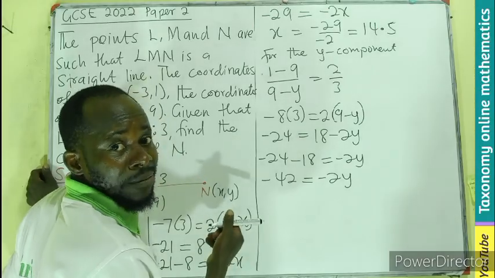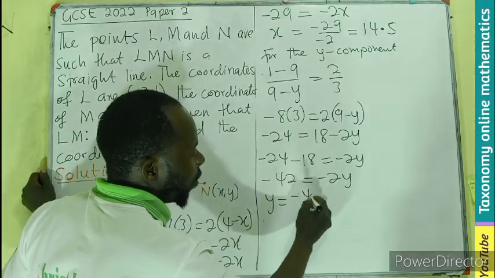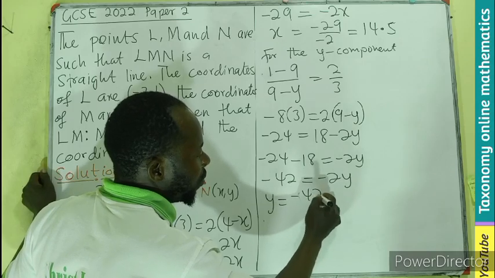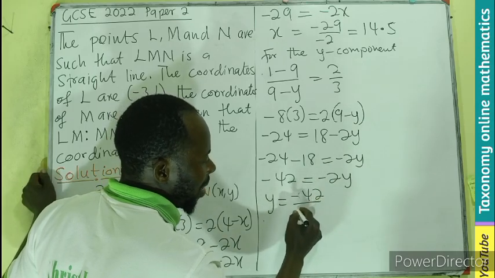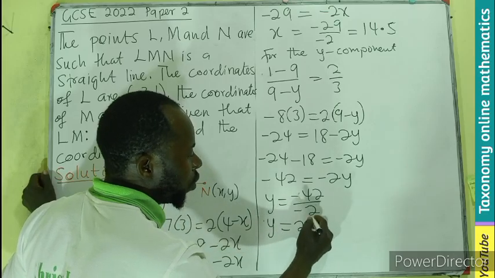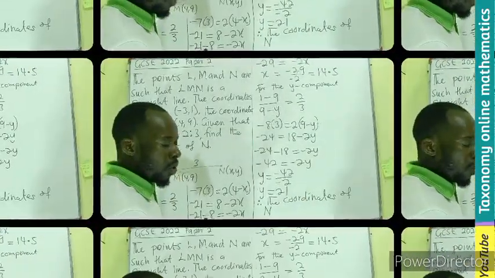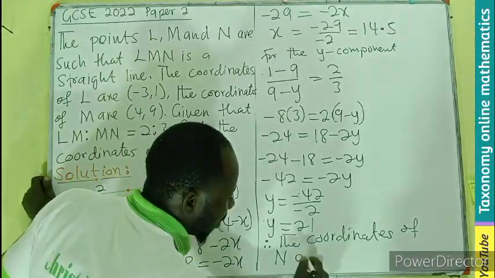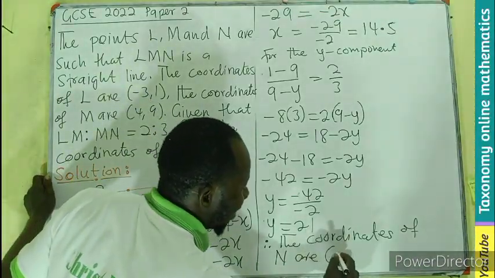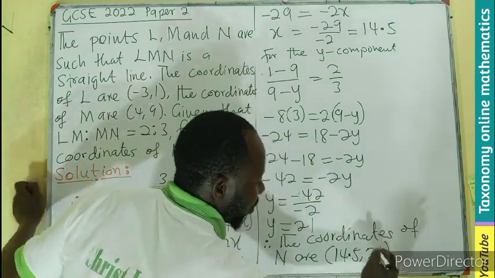Divide both sides by 2, and y equals 21. So the coordinate of N is x-axis 14.5, y-axis 21.